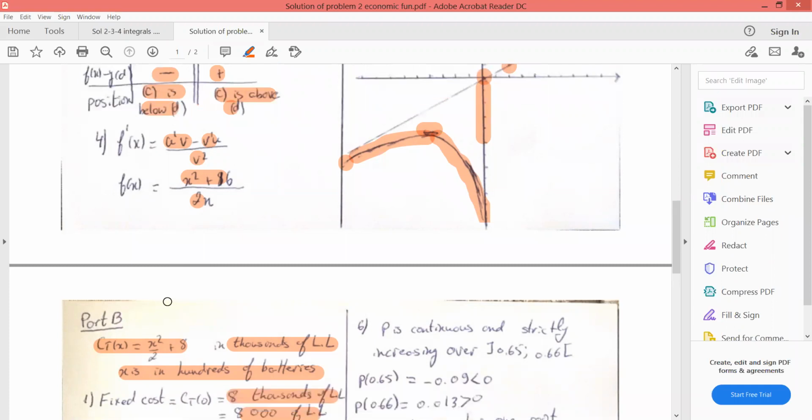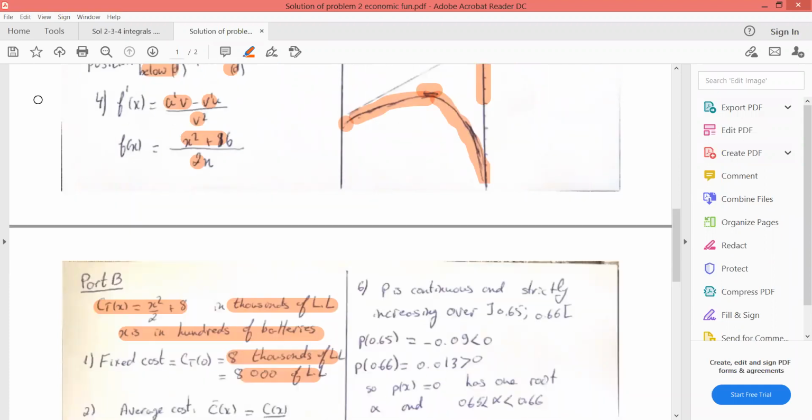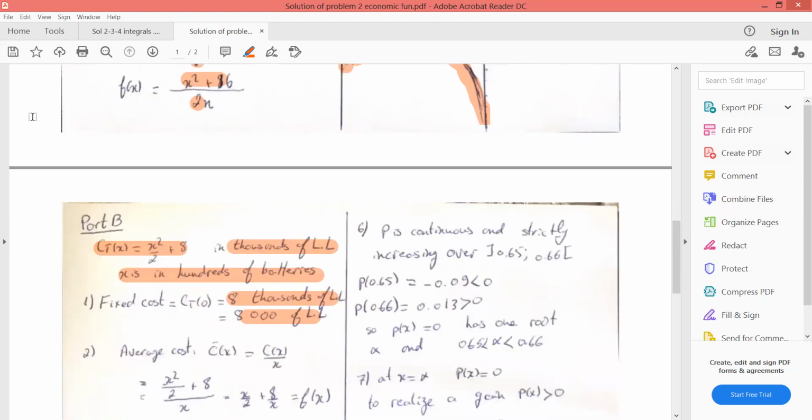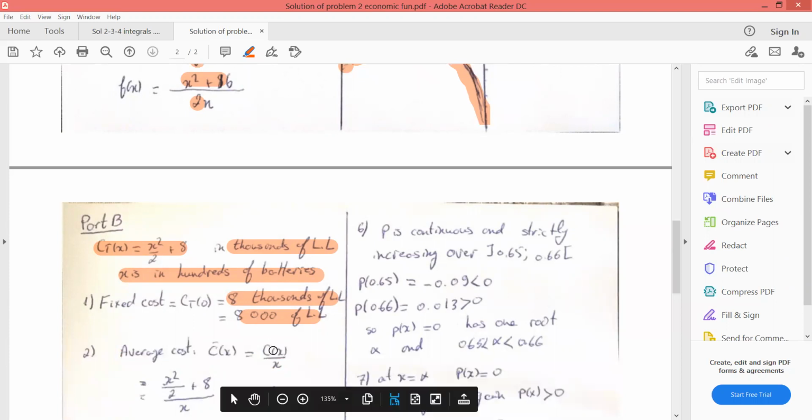What is the average cost equal to? The average cost is required now. What is the rule for the average cost? C bar equals C T over X. The average cost is the cost of one unit, which is the total cost C(x) over x.